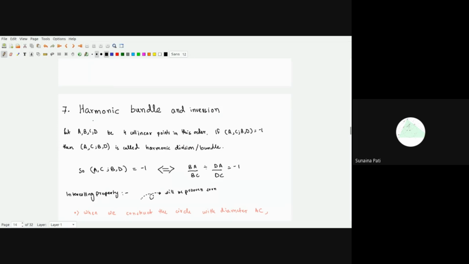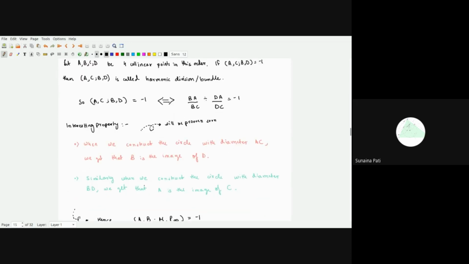So if ABCD are 4 collinear points in this order, and if the cross ratio ACBD is -1, then ACBD is called a harmonic division or a bundle. That's it. So the cross ratio is -1 if and only if BA by BC divided by DA by DC is equal to -1. Simple. That's how we define cross ratio.